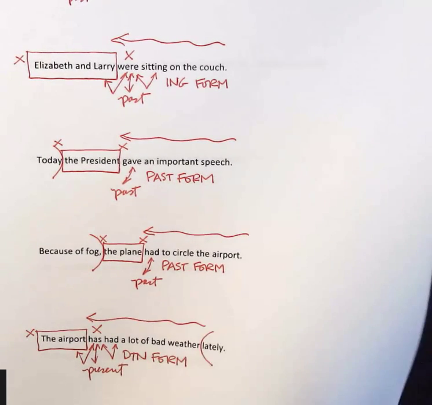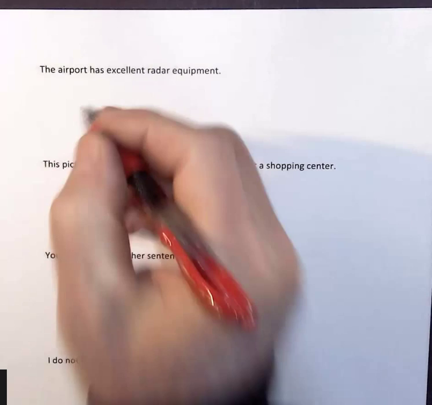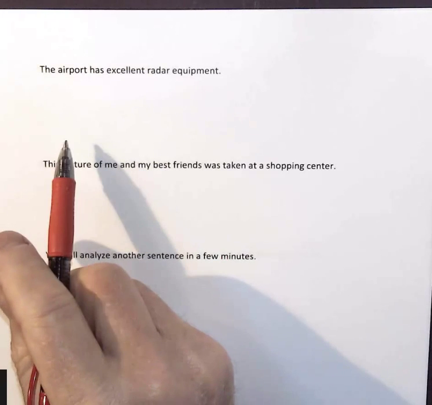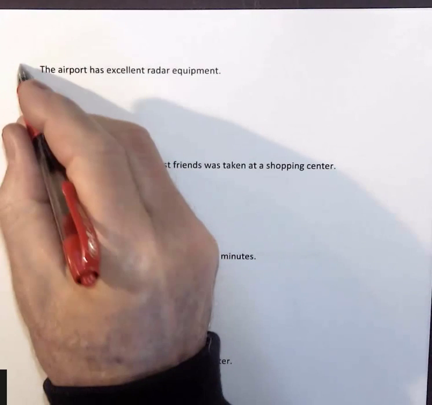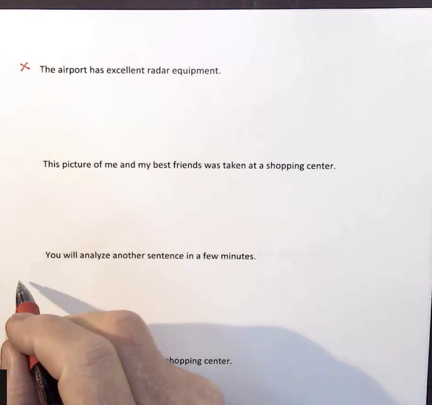Okay, stop the video, come back when you're done with the next sentence. The airport has excellent radar equipment. Now, has looks like an X word, but it's not. I'd need, does the airport have excellent radar equipment?